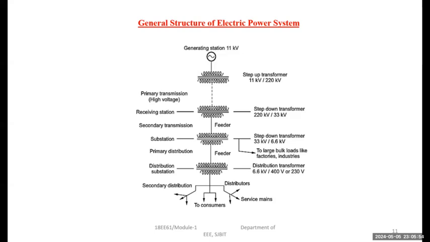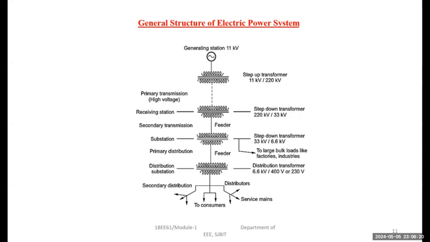This stage is known as primary distribution. The distribution transformers are located in commercial and residential areas, and they step down the voltage from 6.6 kV to 400 volts or 230 volts single phase.